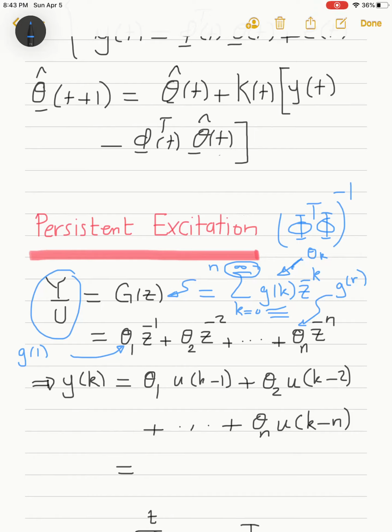If we do that, we can write the corresponding difference equation of the system as y of k equals theta 1 u of k minus 1 up to theta n u of k minus n. Actually, this model is called a moving average model.